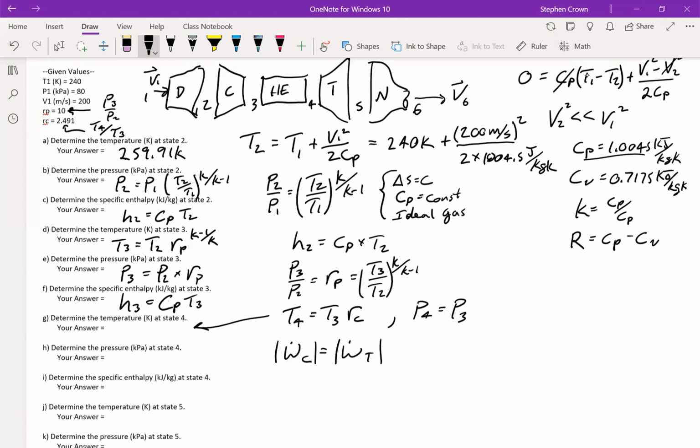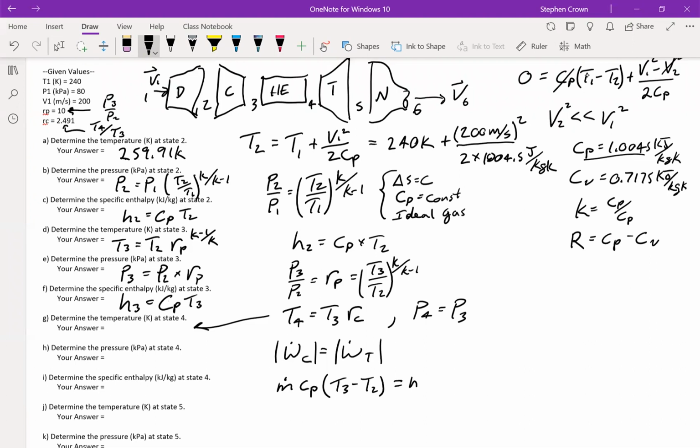If we write them both as positive values, then m dot times Cp delta T, so T3 minus T2, is the work input for the compressor, and it will equal the work output for the turbine.